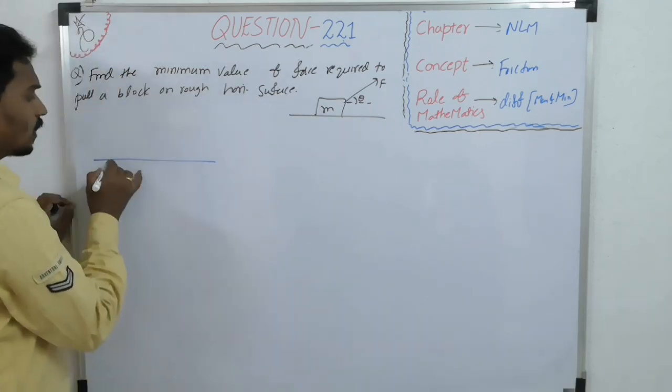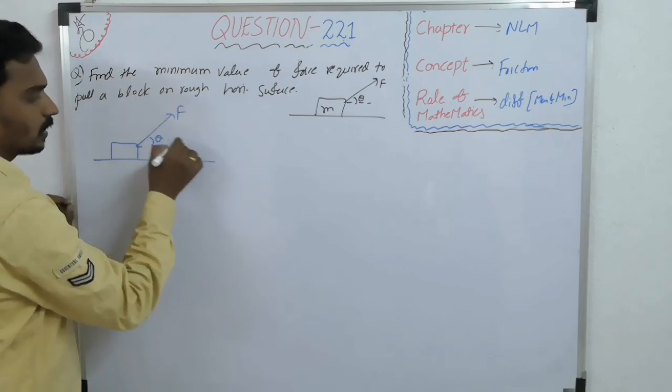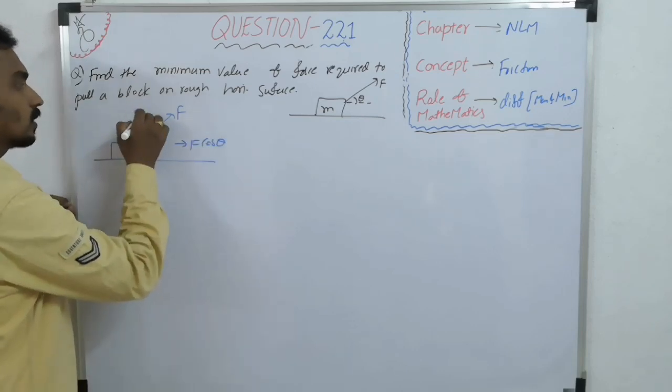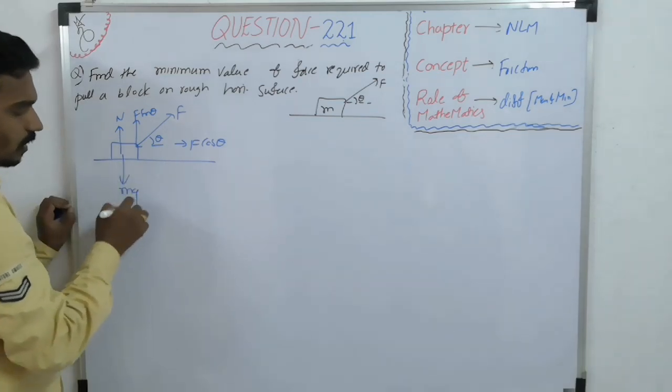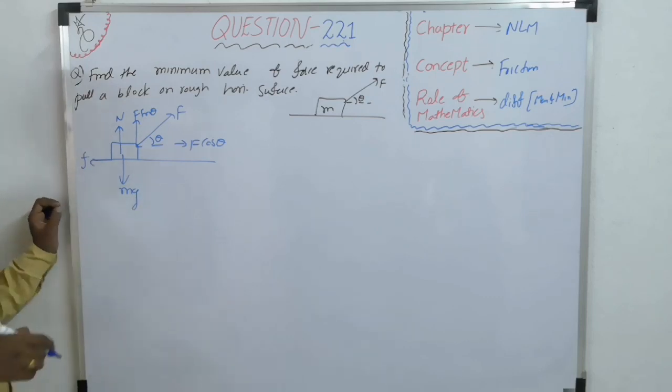But even in the case of pulling, you are applying some force F at an angle theta. Then you take the components F cos theta and F sin theta, and the normal reaction and mg. The pulling force is forward, and there is friction.